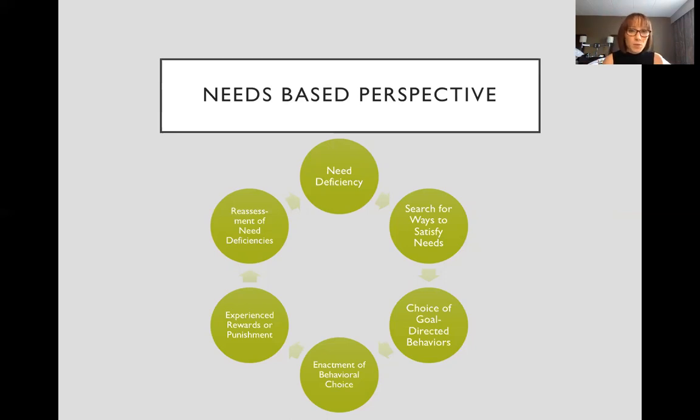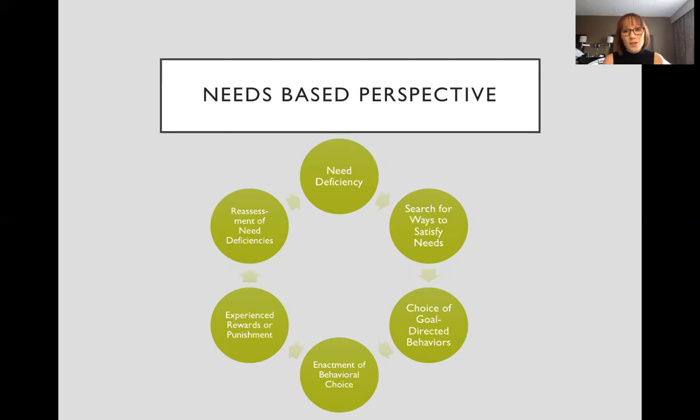So to give you an example before we talk about some more specific examples, some of us have a need for achievement. So some of us are higher in a need to always achieve, to be in first place, to be accomplishing something, to be getting an A in a class.